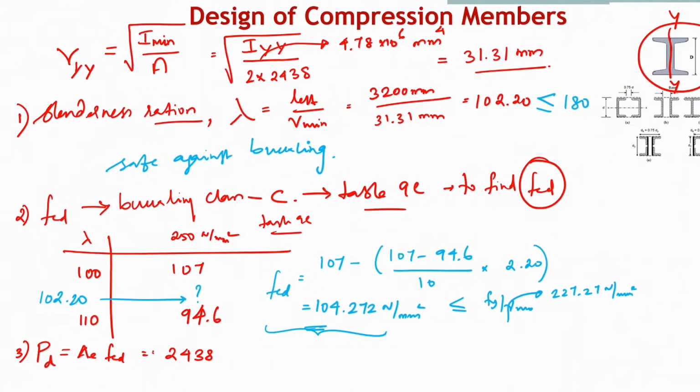So in a single column we have two channel sections into design compressive stress, which is 104.272 Newton per mm square.